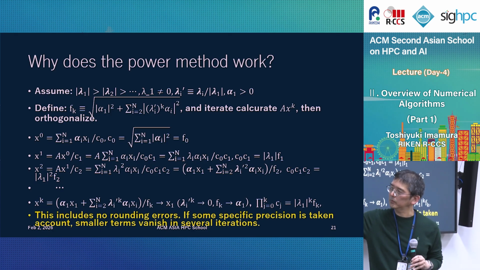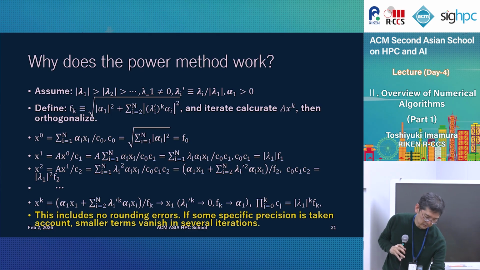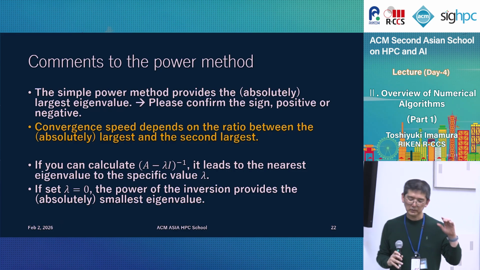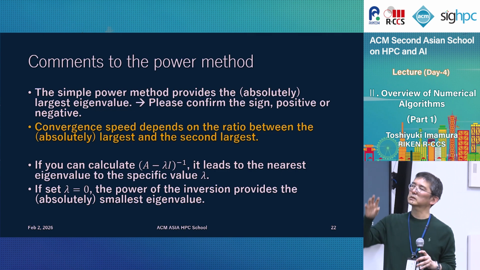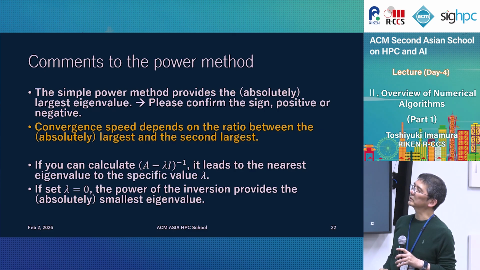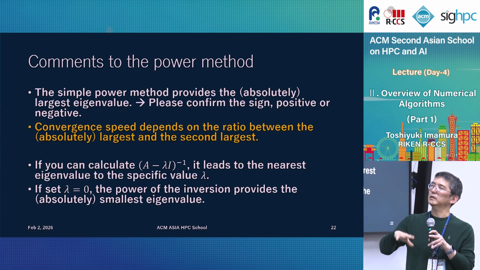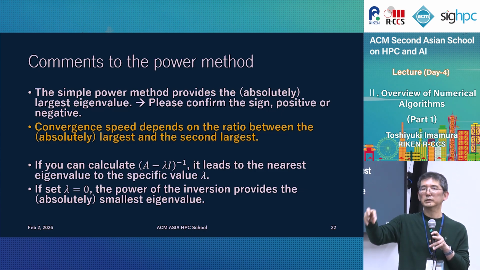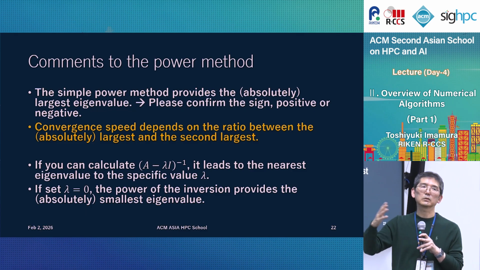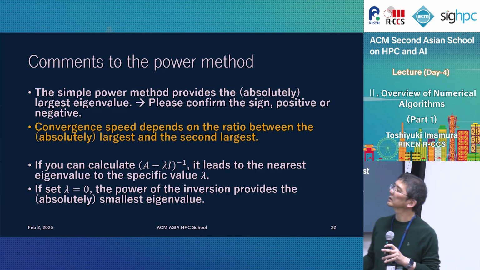So it depends on this value, the largest lambda dash, which comes from the ratio between the largest and the second largest eigenvalues. If the largest and second largest eigenvalues are almost the same, the power method doesn't converge well. We need 1,000 iterations.